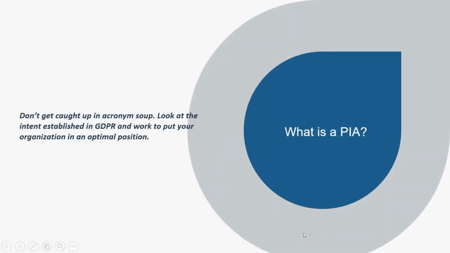Okay, so what is the PIA? The big conversations around GDPR right now are about the difference between a PIA and a DPIA. For us, they're essentially the same process, and there are very minimal differences. So what we want to focus on is the intent of the process. We want to focus on assessing the privacy implications within your organization, rather than get caught up in the acronyms.